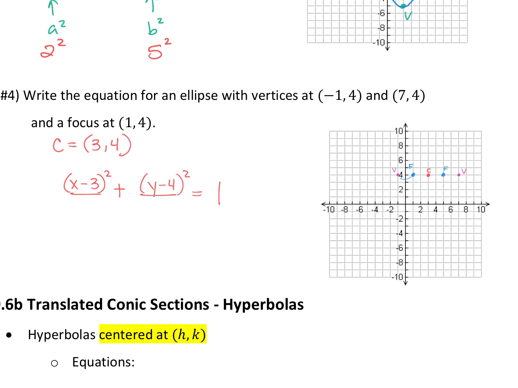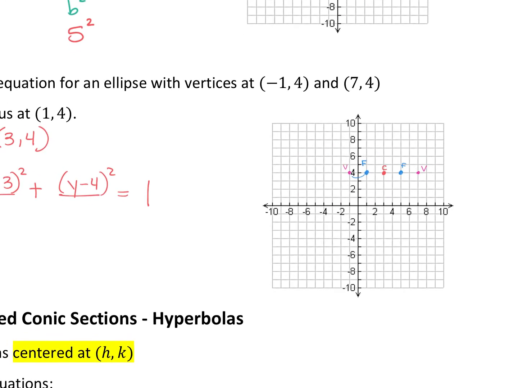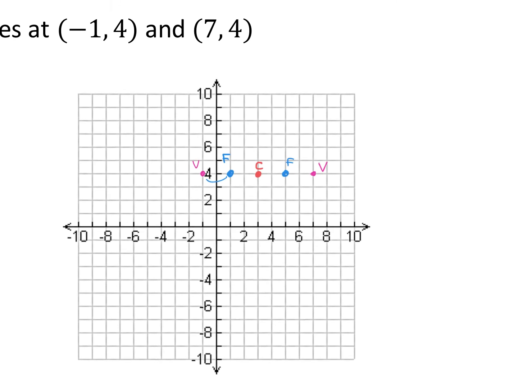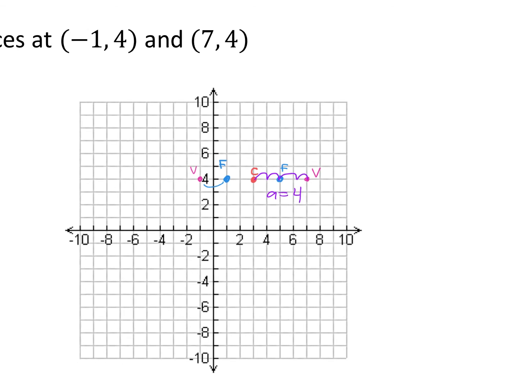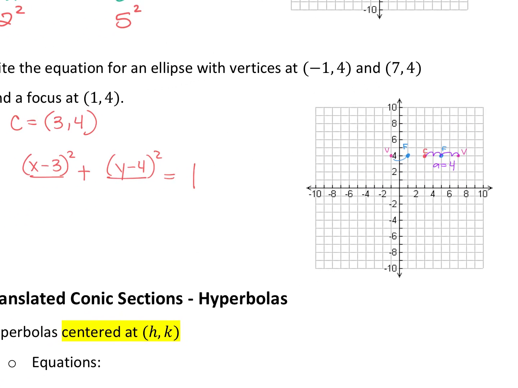Can anyone tell me a? A's the easier one. A is 4. Your a value is going from the center 1, 2, 3, 4. From the center to the vertex, meaning a squared is going to be 16 if your a is 4.